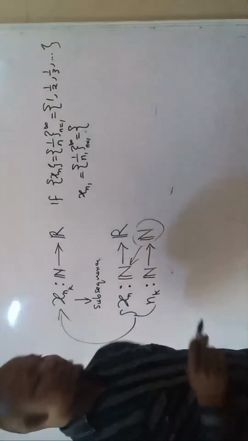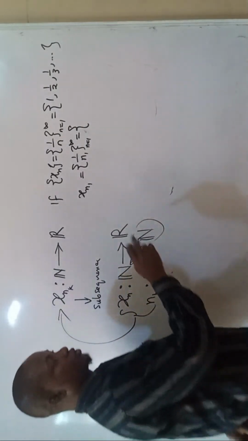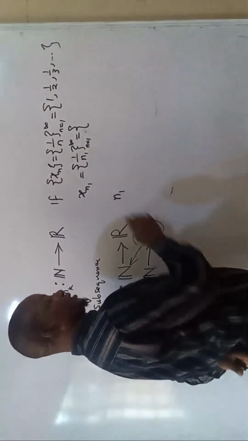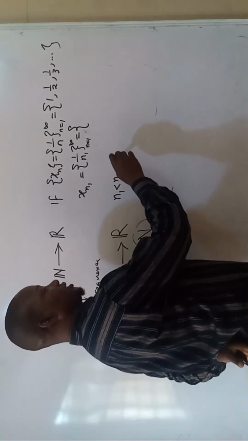Furthermore, you can select some sequence n_k, because this one satisfies the condition that n_1 is less than n_2, less than n_3.